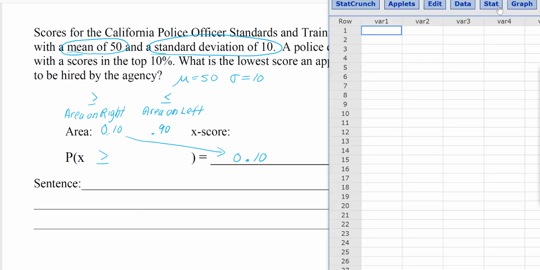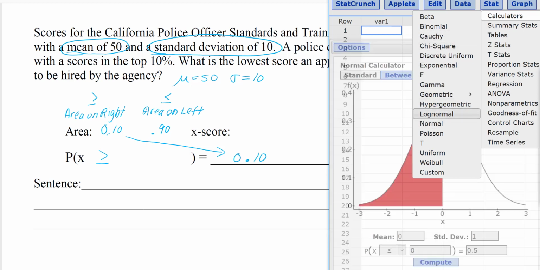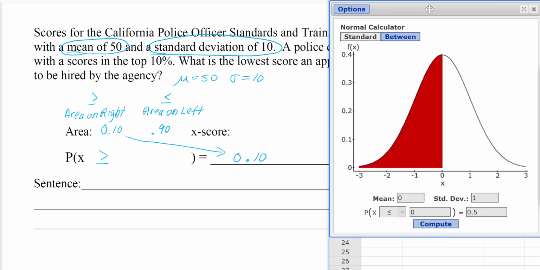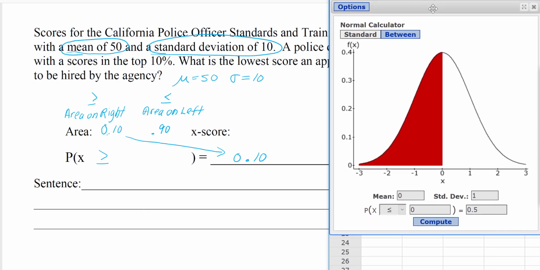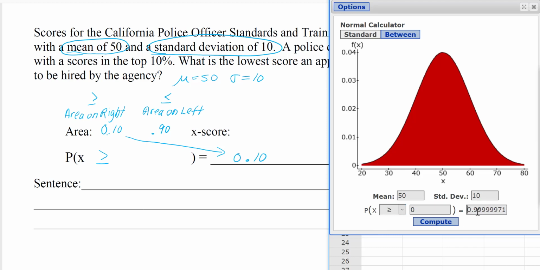On StatCrunch, remember it's under Stat, then Calculators, and then we're going to go to Normal. We're going to change our mean, and we're going to change our standard deviation, and we're going to change our problem. So our mean in this problem is going to be 50, so change that to 50. Change our standard deviation to 10. And remember, we're going to do greater than or equal to. And our area on the right then is 0.10.